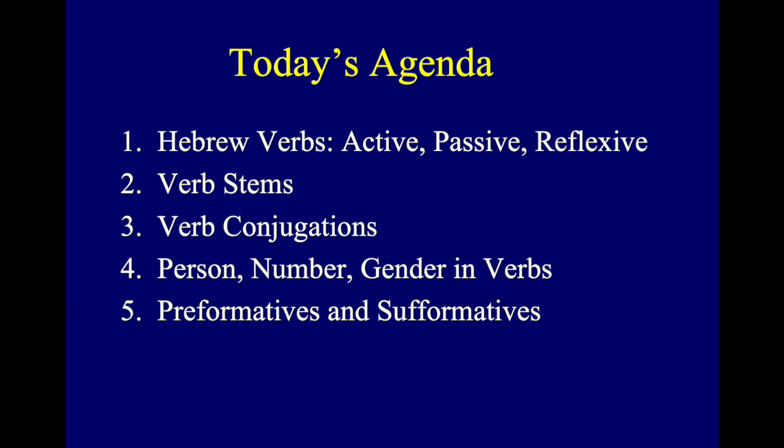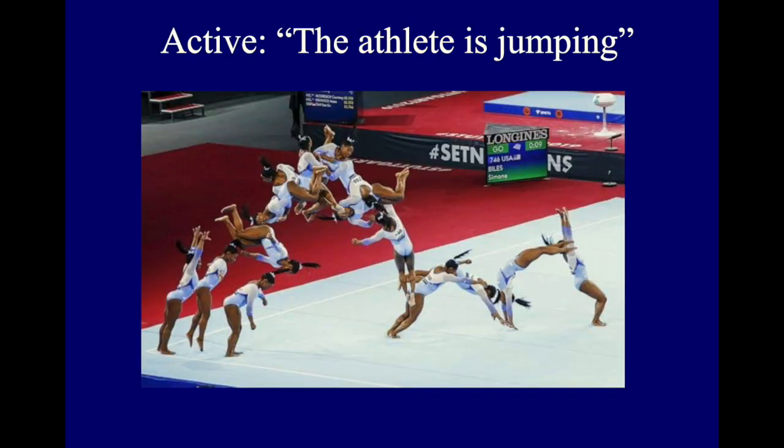Those are different things in Hebrew. And then we'll talk about person, number, and gender in verbs. We've already talked about person, number, and gender in nouns and adjectives, so you have a bit of background there. And then we'll end with preformatives and sufformatives. You can think about these as prefixes and suffixes, the stuff that we fit on to the beginning and ends of verbs to make them say what we would like them to say. So that's our agenda for today.